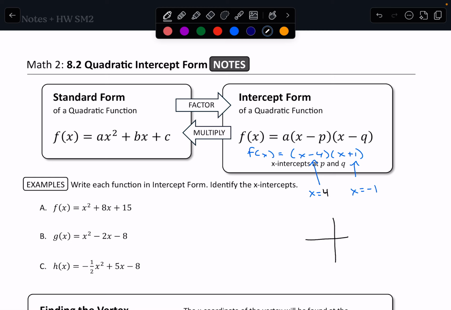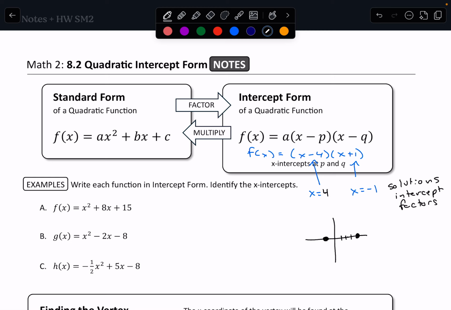When I graph this function, I've got an intercept at negative 1 and I have an intercept at 4. We also call these solutions. We call them intercepts. We also call them factors, right? These are just different ways of saying the same thing.